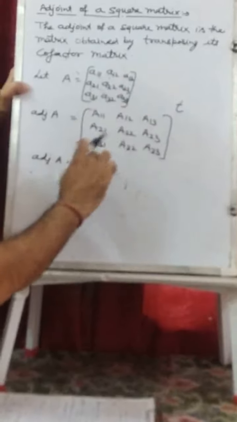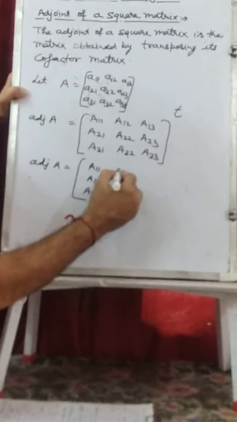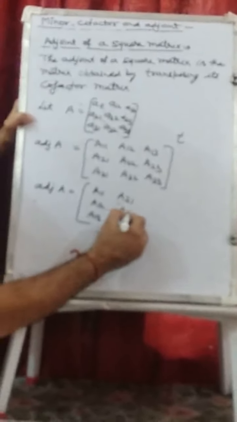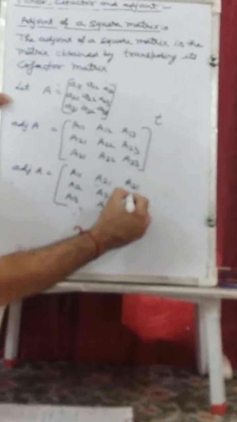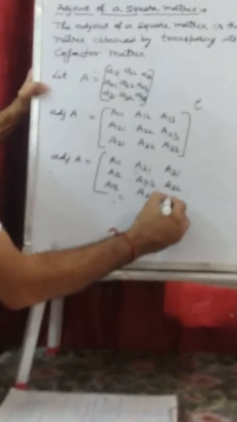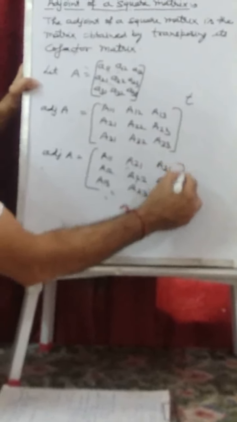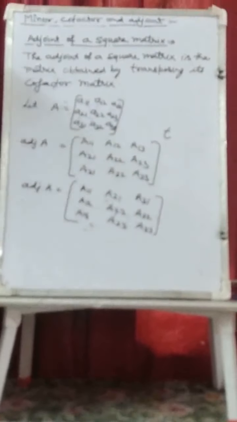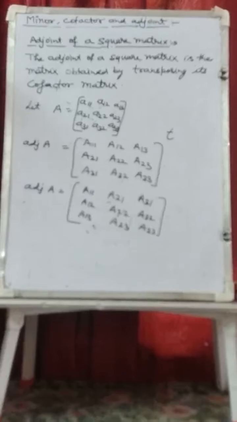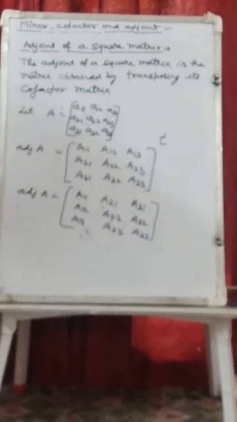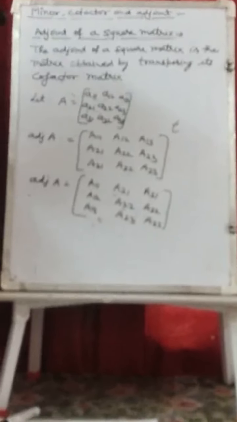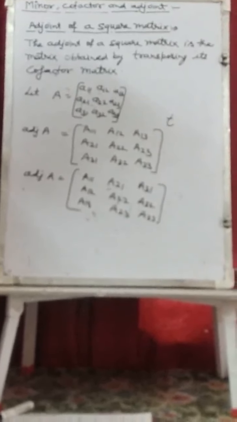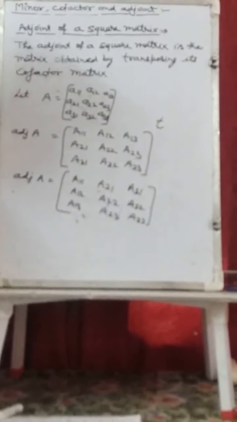First row we made first column, second row we made second column, A21, A22, A23, A31, A32, A33. So this is the adjoint of this square matrix. So firstly we have to find cofactors matrix, then we will get its transpose, it will give us the adjoint.